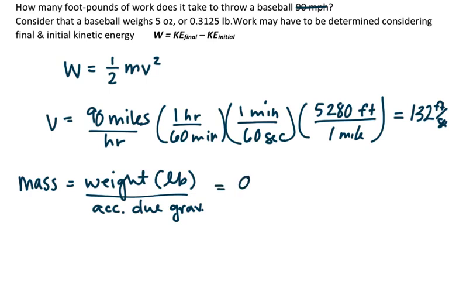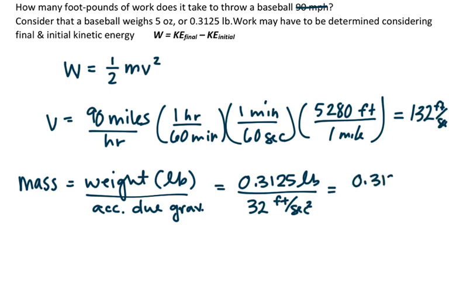So that's going to give me 0.3125 pounds divided by 32 feet per second squared. And that will give us 0.3125 over 32. And this unit of measure is called a slug.